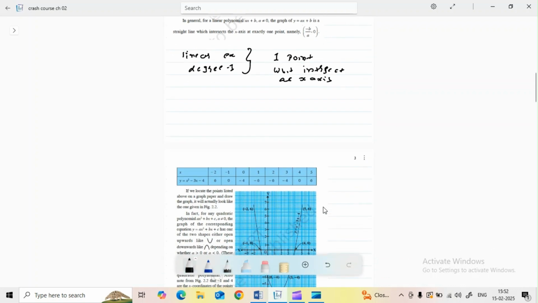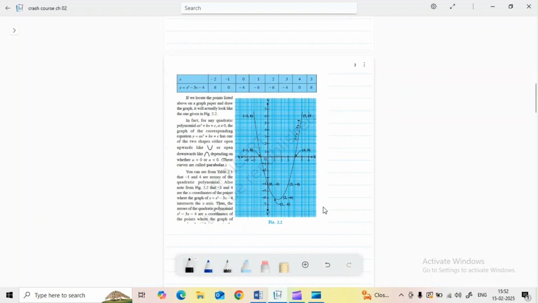Now if we go to the quadratic equation, what is a quadratic equation? Quadratic equations are those where the degree is 2. In a quadratic equation the graph looks like a U shape. It can be the U shape or the inverse U shape based on the coefficient of x square.